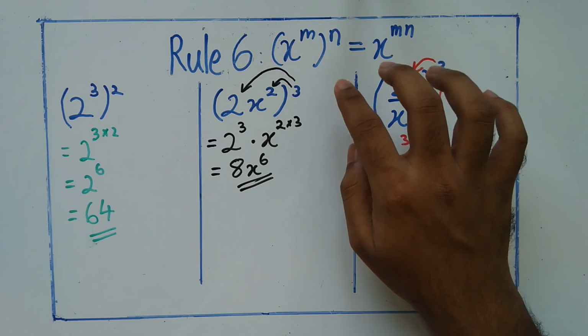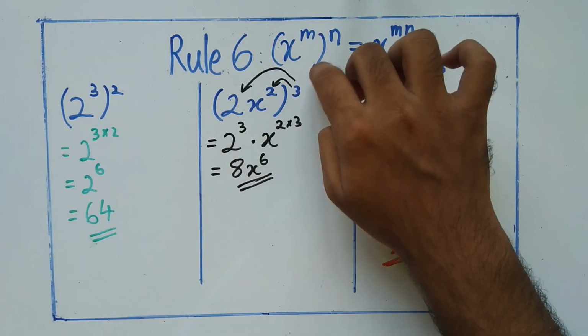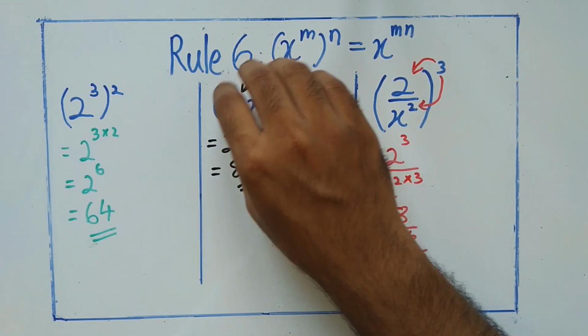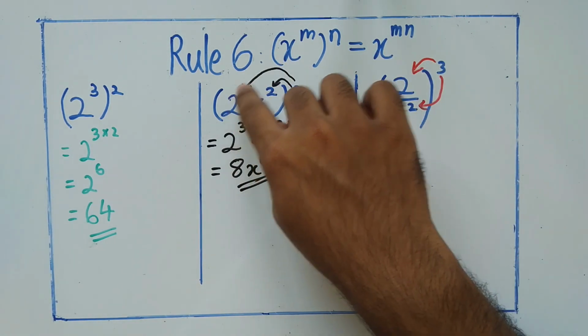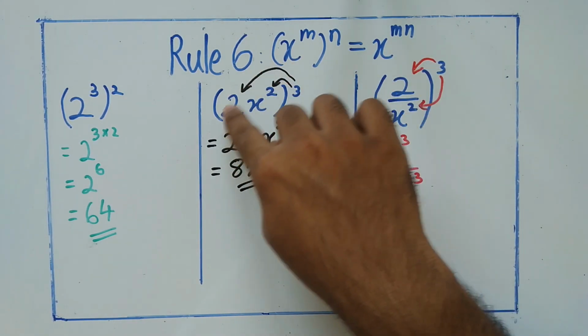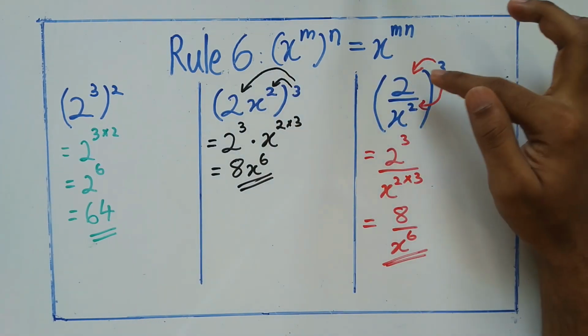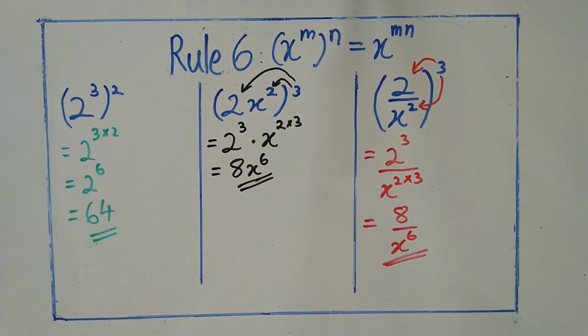Ensure that when you multiply n into the bracket, make sure you multiply into each value, such as 2 and x squared or 2 over x squared.